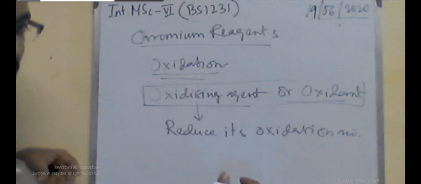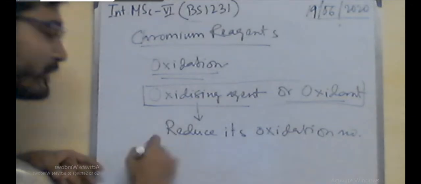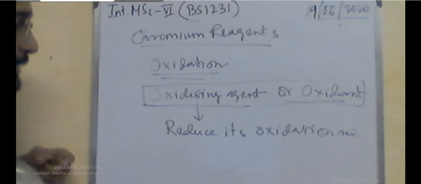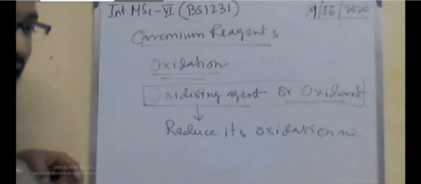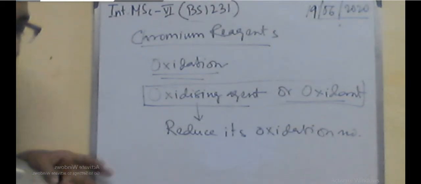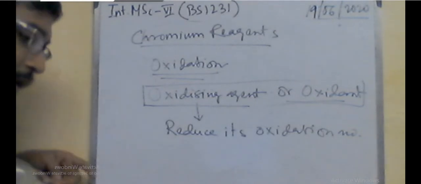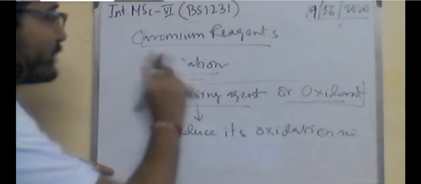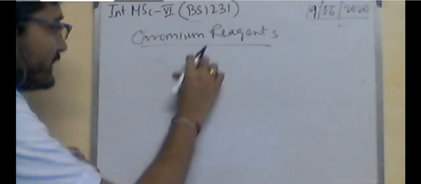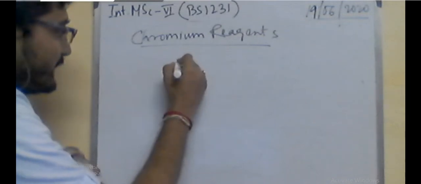So in oxidation, the chromium reagent which is used has chromium in the highest oxidation state, that is +6, or Roman VI. In the oxidation reaction, this oxidation state can change either to +3 or +4.